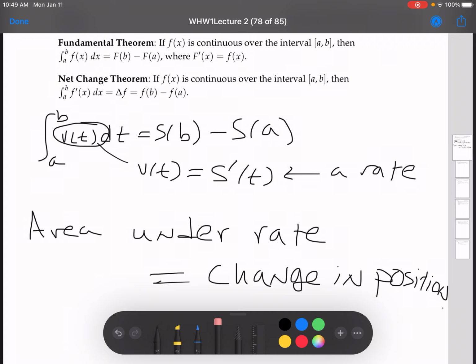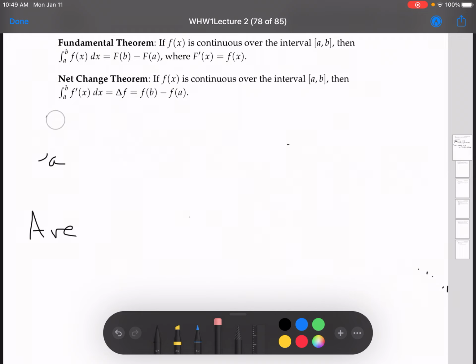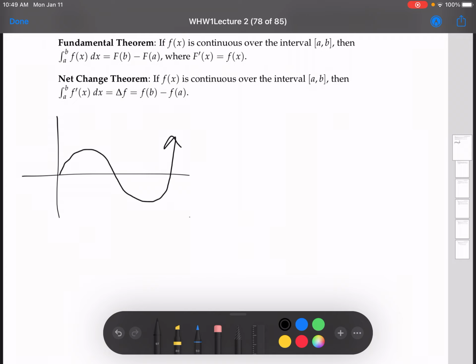All right, and now last thing I want to go over is conceptual. Let's say here's our graph of the velocity, with t on the horizontal axis. Let's give some arbitrary numbers, let's say 2 and 4 there. The graph goes right through there at 0.